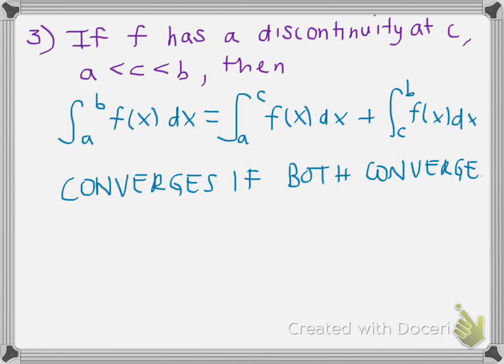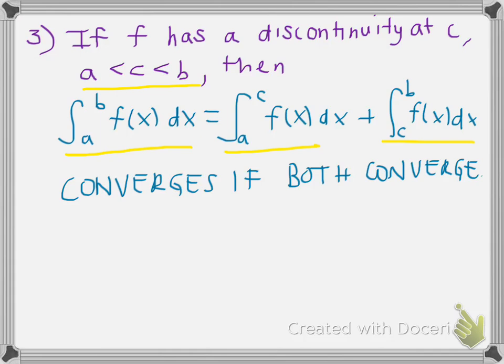And then the last definition: if f has a discontinuity at c, where c is some number between a and b, then when you have the integral from a to b of f of x dx, you have to break it up according to that discontinuous point c.